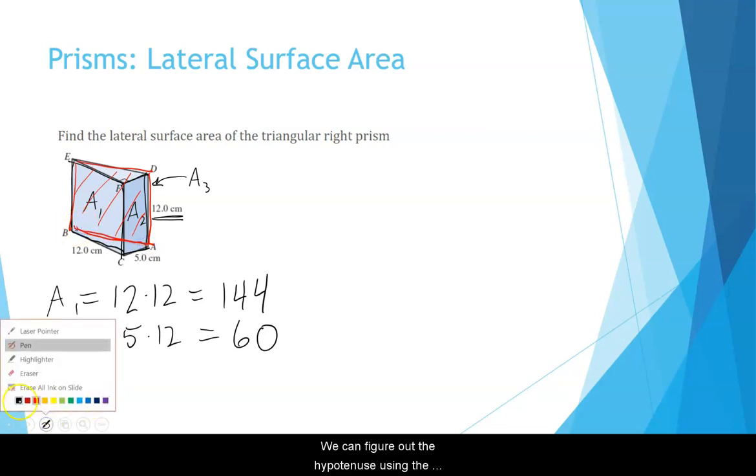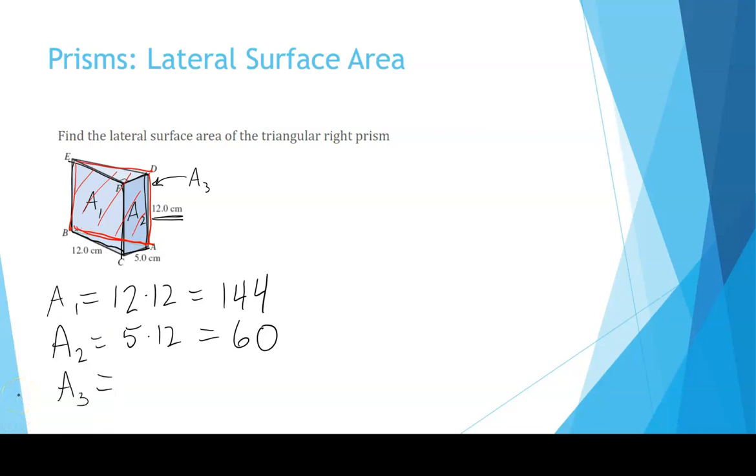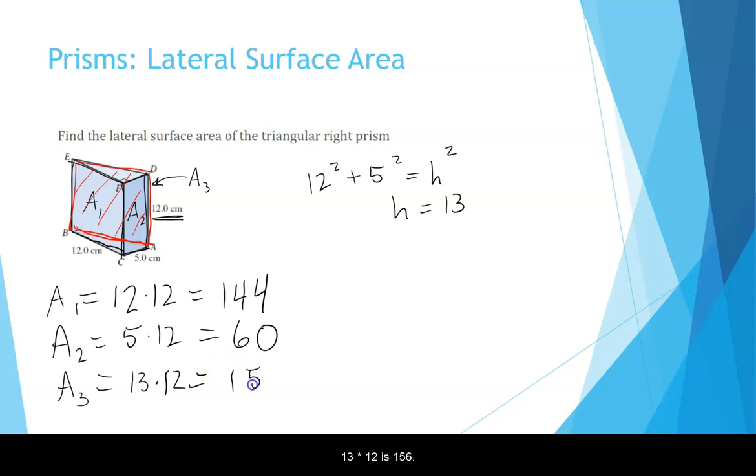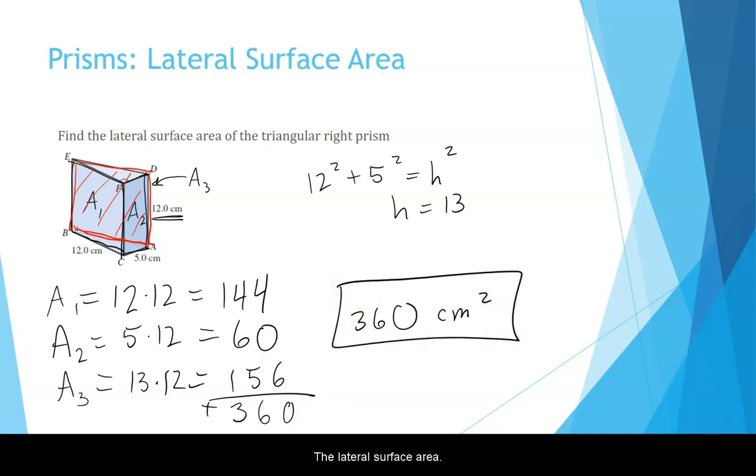We can figure out the hypotenuse using the Pythagorean theorem, which I'm not going to go through right here, but essentially it's 12 squared plus 5 squared equals that hypotenuse squared, and it works out to make the hypotenuse 13. So that means the base is 13 and the height is 12. 13 times 12 is 156. And now we can just add these together. 360. So 360 square centimeters is the lateral surface area.